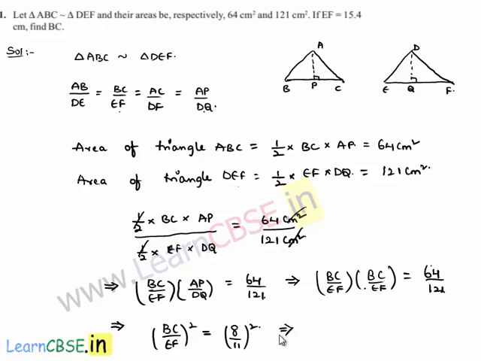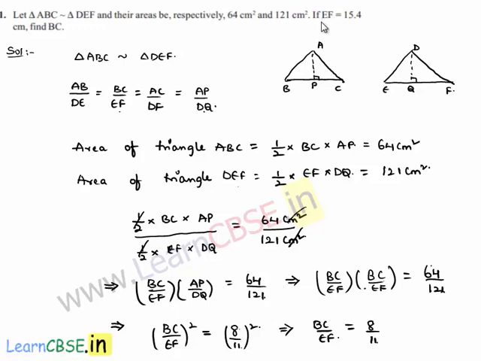Now by taking square root on both sides, we get BC by EF equal to 8 by 11.